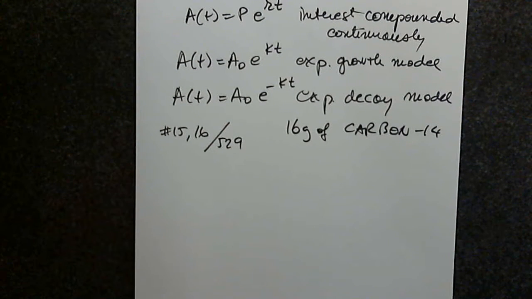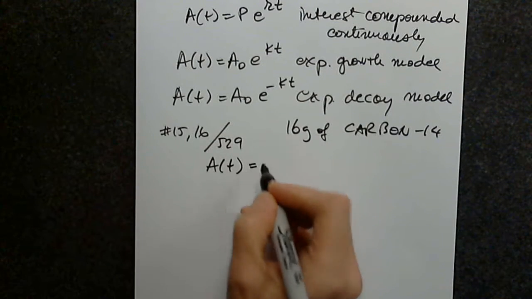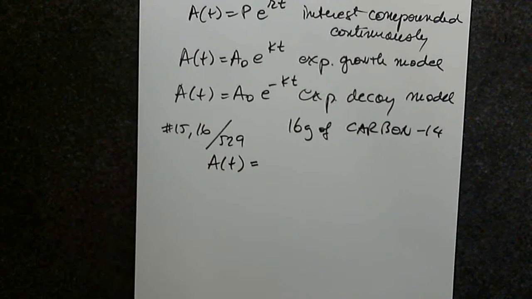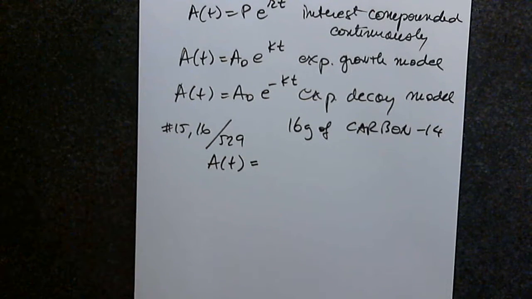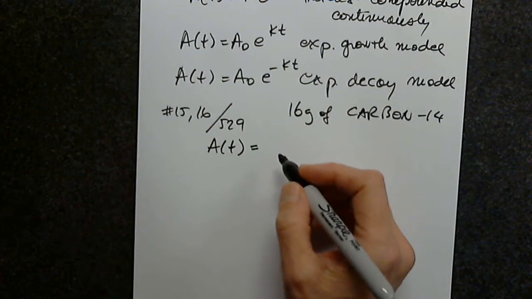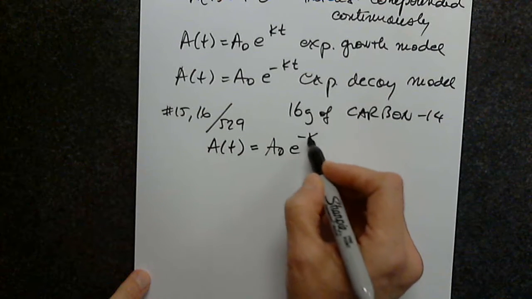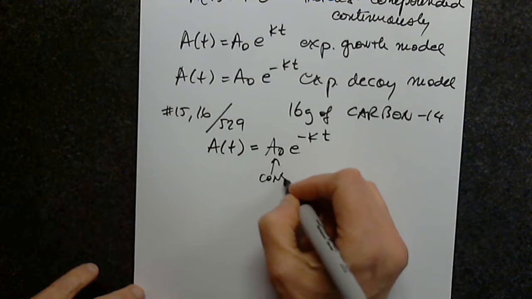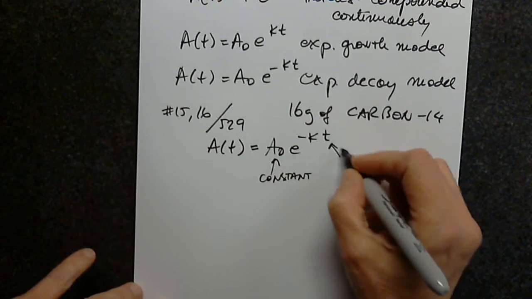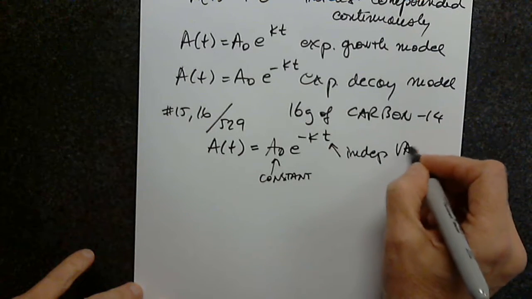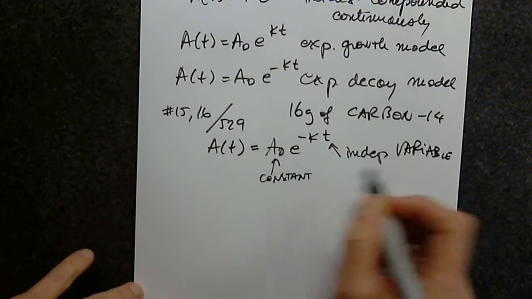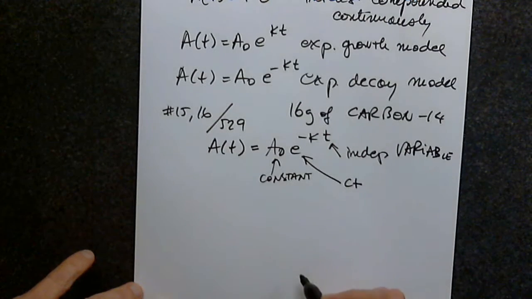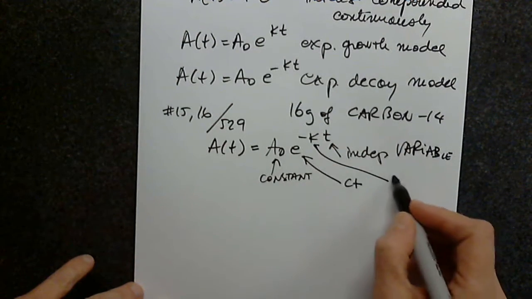The decay model is A of t. Notice that the book does not write A of t, they don't put t in parentheses. I think it's a mistake because t is the variable, and I don't want you to get confused that there is something else in there. Everything else is a constant. So A of t equals A0 e to the negative kt. This is a constant, this is the independent variable, this is a constant, and k is a constant.